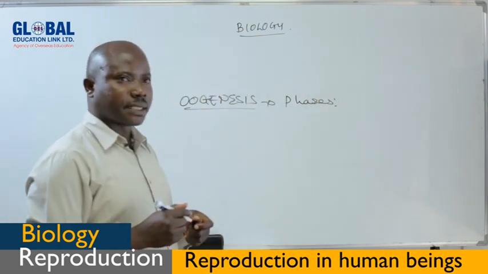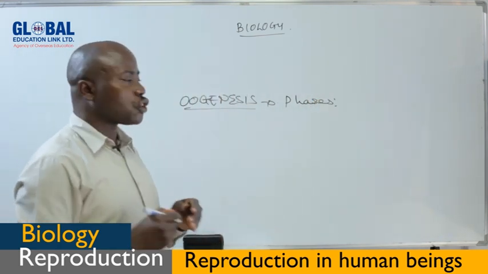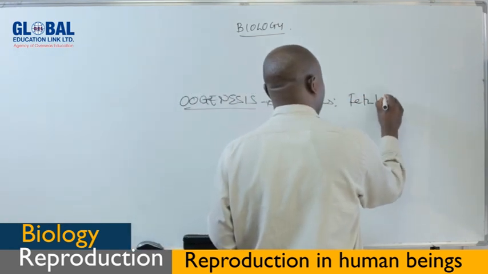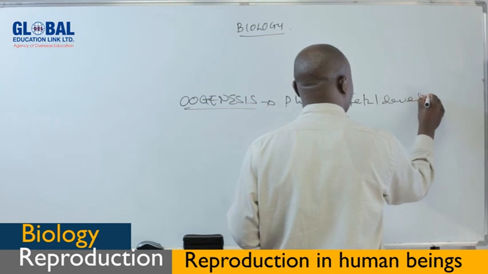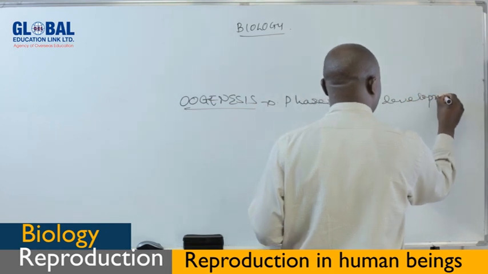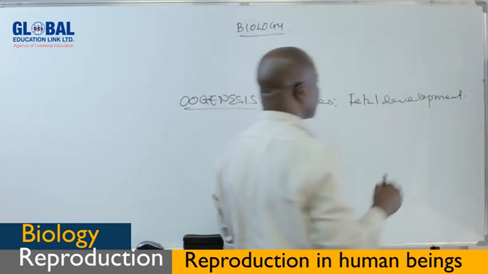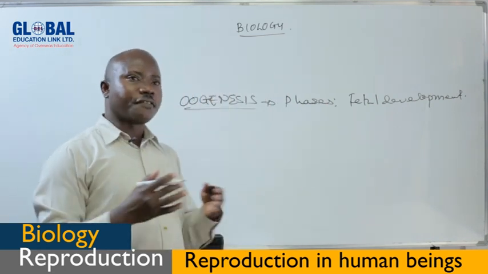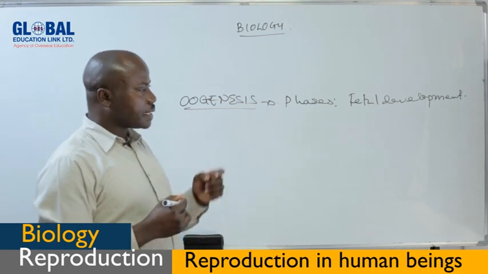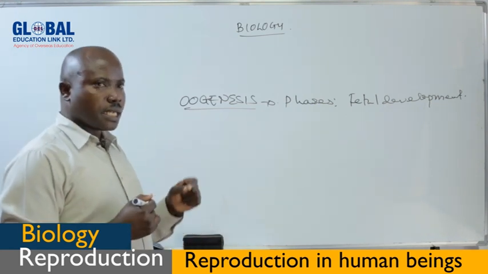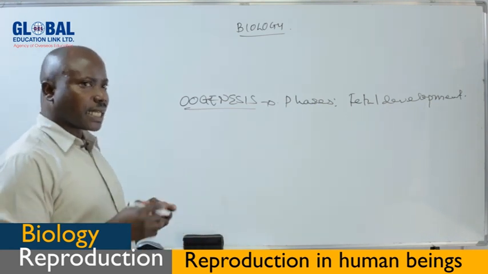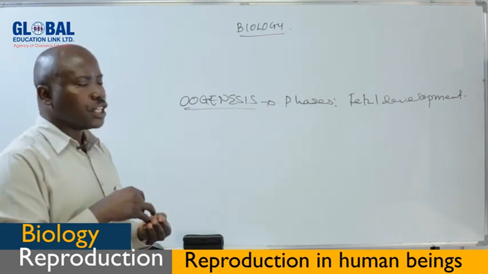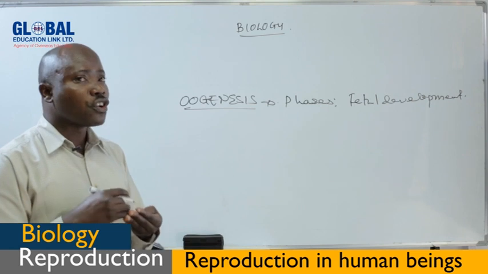The first phase occurs during fetal development. In this process, the germinal cells that are within the Graafian follicles divide mitotically to produce the so-called oogonia.